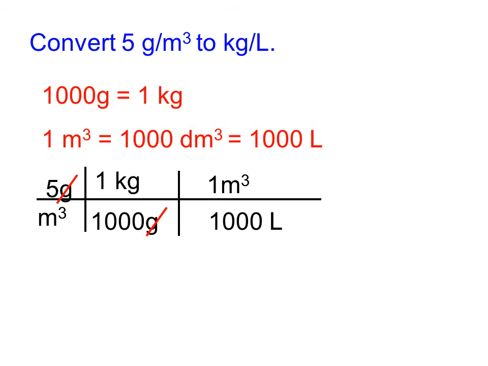So there it goes, cubic meter there. I cancel cubic meters next, and I've got kilograms per liter. Those are my only 2 units left, and that's what I had up here. So I'm good. I just do the math now. You got it.